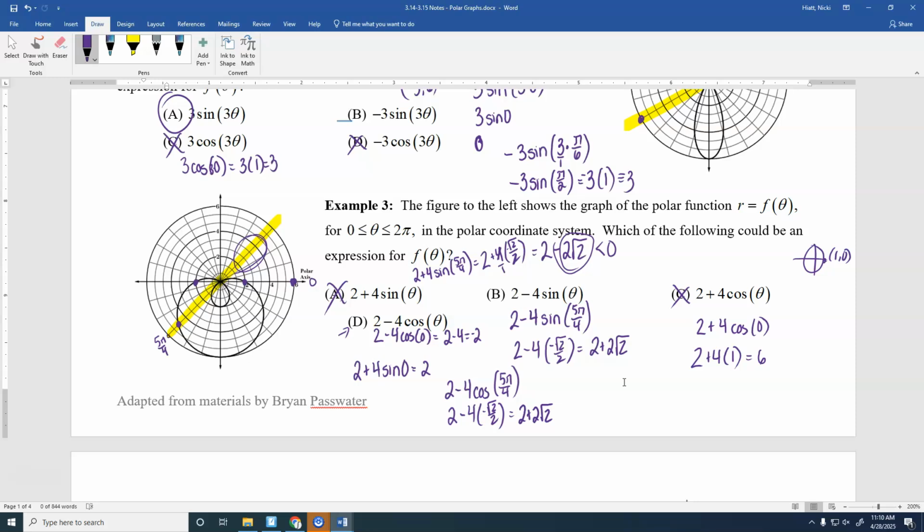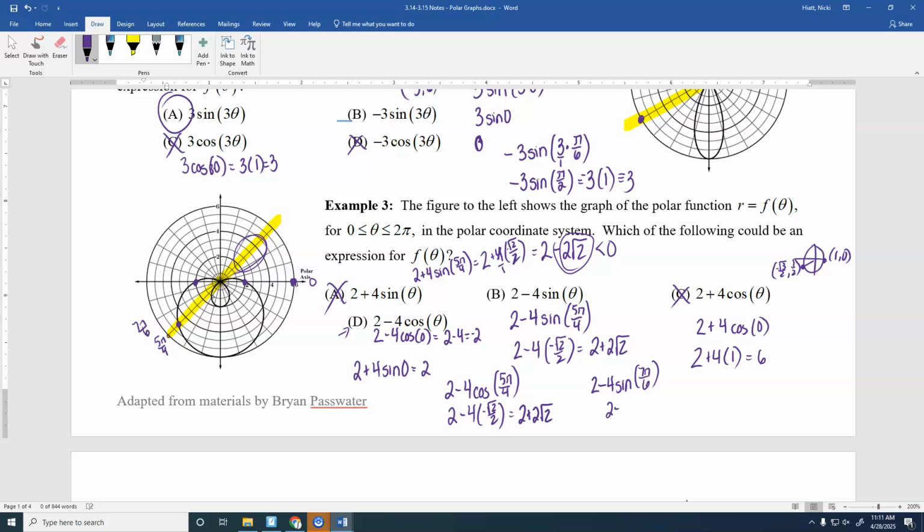Yeah. 7 pi over 6 is probably a pretty good one too, because it hits at a grid line right there, right? So let's try 7 pi over 6. So if I do 2 minus 4 sine of 7 pi over 6. On that unit circle at 7 pi over 6, coordinates of that point are negative root 3 over 2, 1/2.